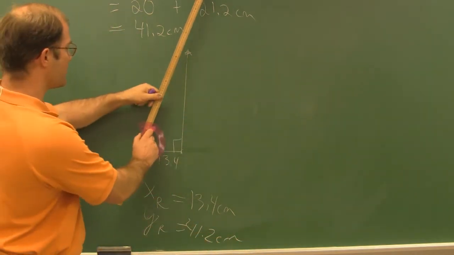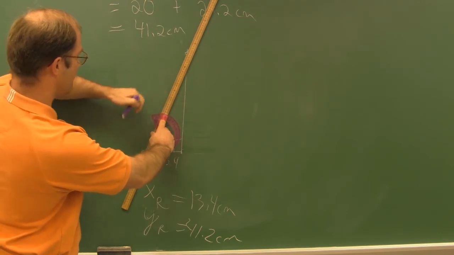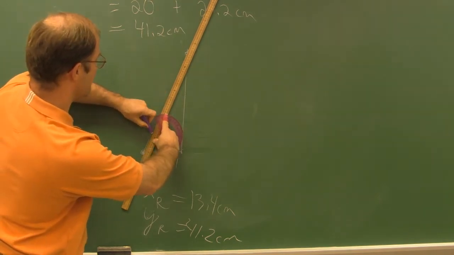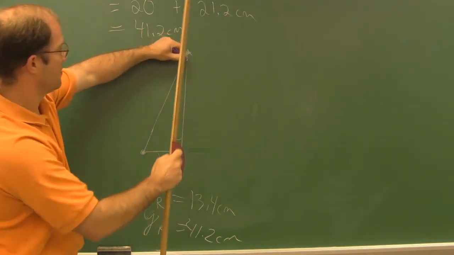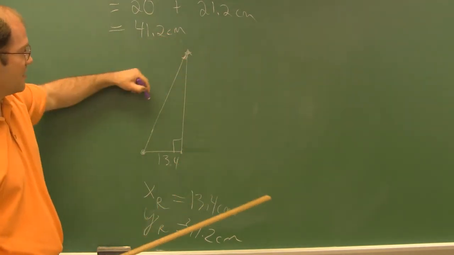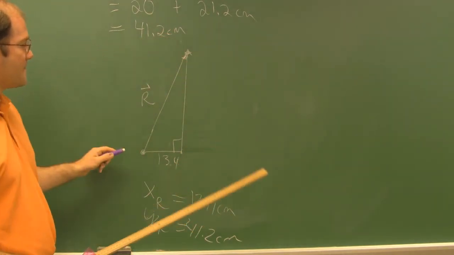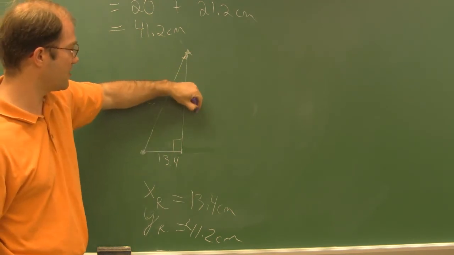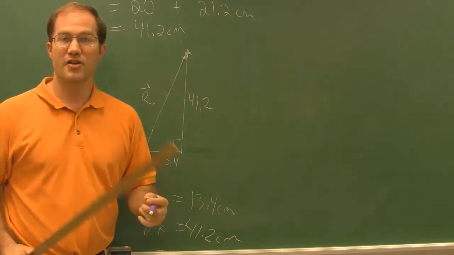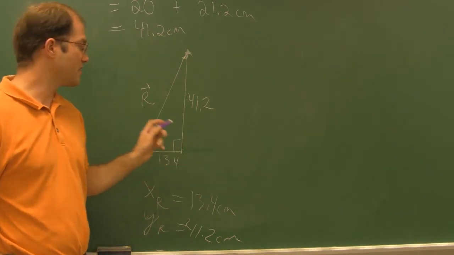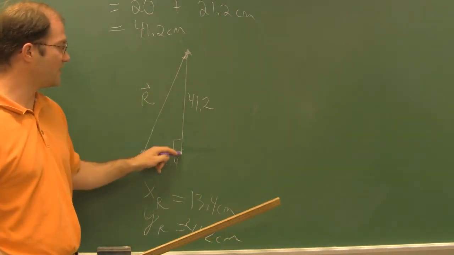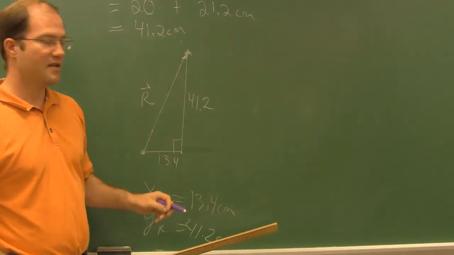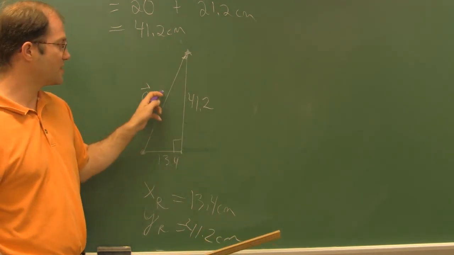So now let's draw the resultant. And this resultant is the same place it was before. Going from start to the end, this is the resultant vector. It has horizontal of 13.4, vertical of 41.2. You can use the Pythagorean theorem now to determine the hypotenuse of this right triangle, because a squared plus b squared is equal to c squared.